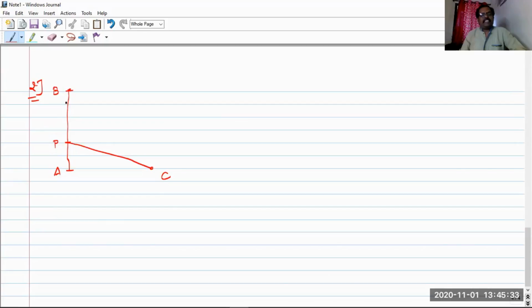After breaking, the tree bends at the point P, and the top of the tree touches the ground at the point C. Now if we join AC, are we having a right angle triangle here?